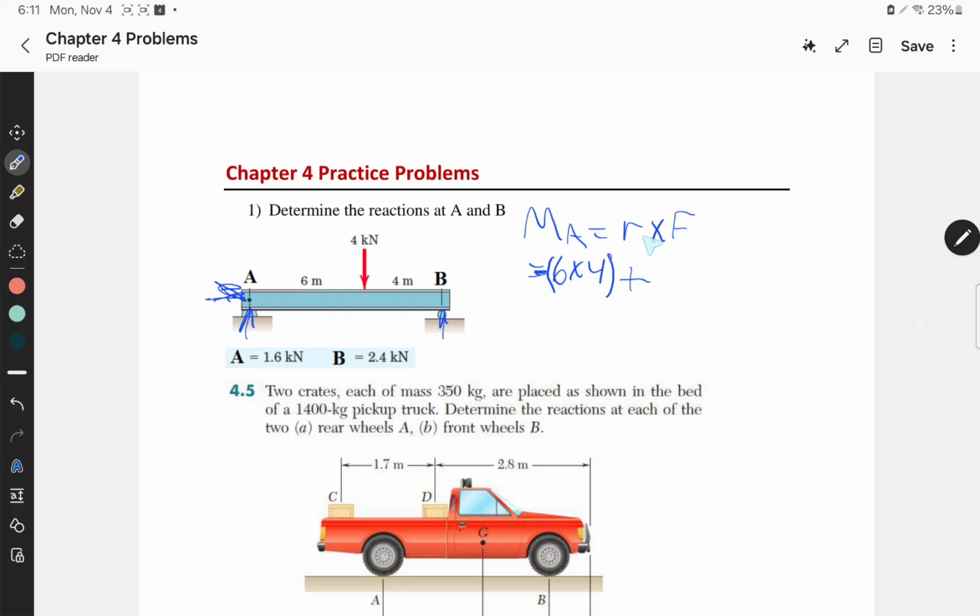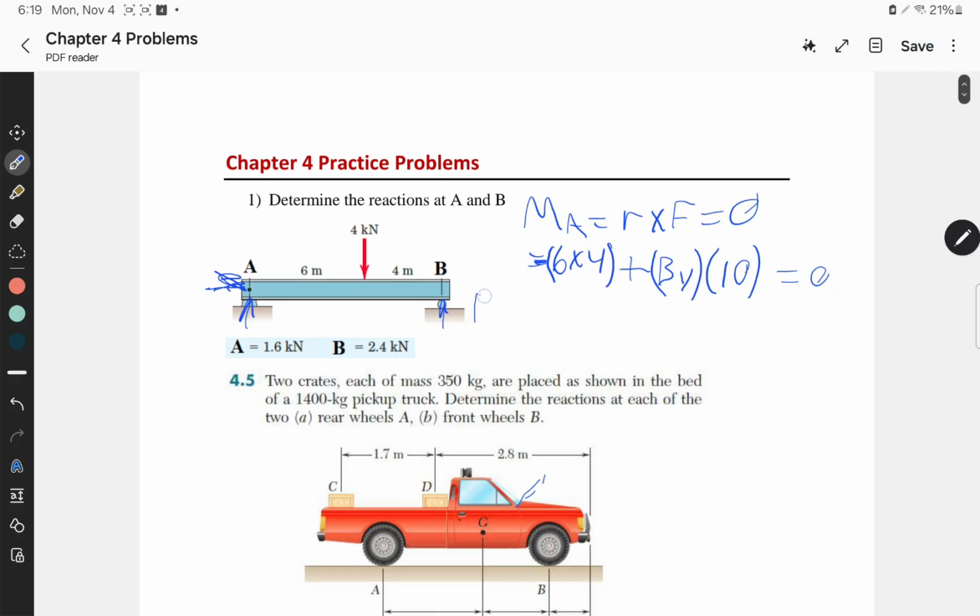Then By times 10, and this equals 0. So you have to set it equal to 0, and that will give you By. That'll give us that By is 2.4.